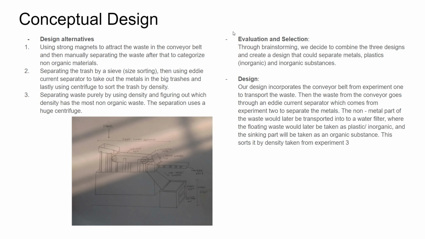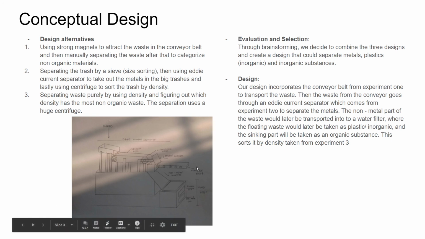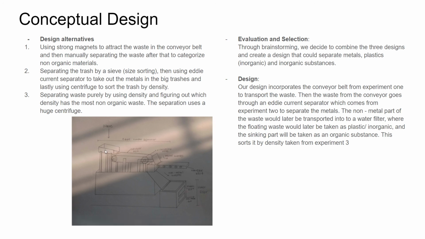After all the brainstorming, we chose to incorporate all three designs, and this is our final design. Firstly, the waste goes through here, falls down, and goes onto the conveyor belt. There is a current here which creates magnets so that it could attract metal waste, so the metal waste is separated here.